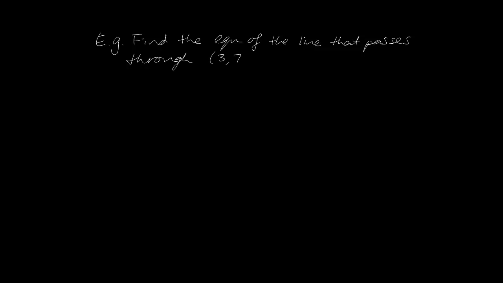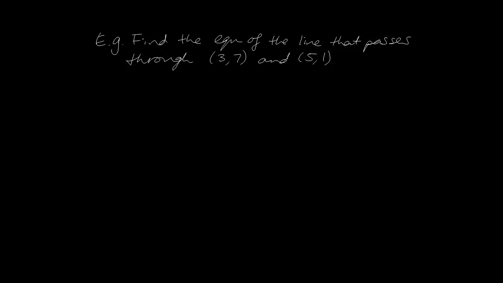So suppose we've got something like this. Find the equation of the line that passes through 2 points. So let's say (3, 7) and (5, 1).